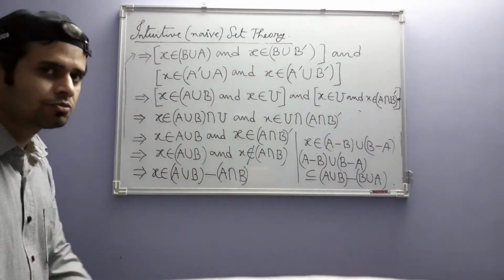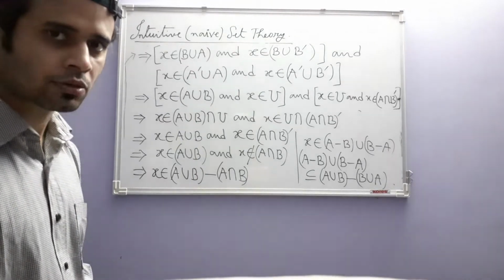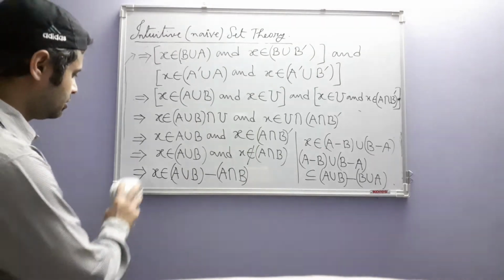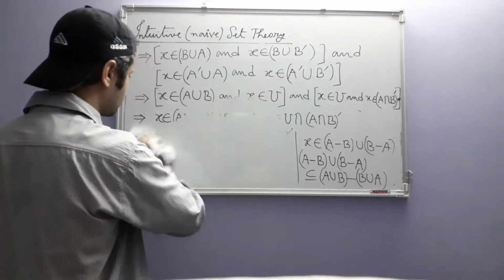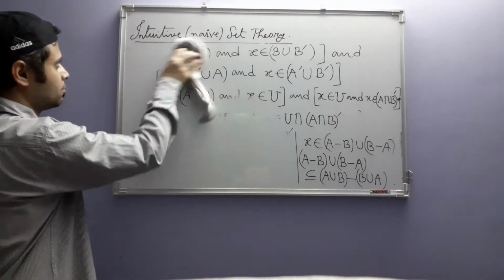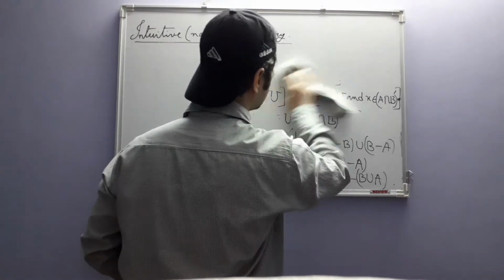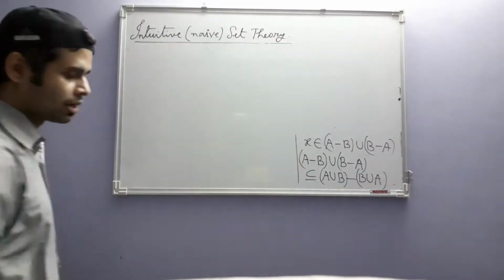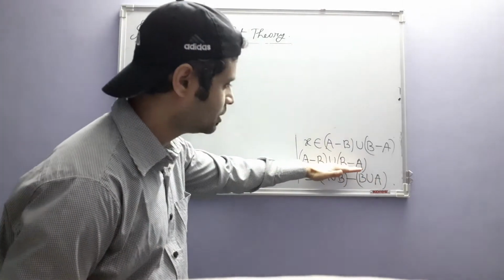Now we have to prove the opposite. Since the proof is rather complicated, I will not leave it. So let me do it once more. Once more means let me prove the other containment also. So now what I do, I have to prove that this is a subset of this.